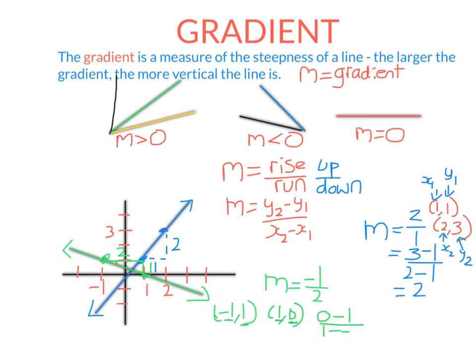So here we'd have to do minus -1. We would get the same answer of -1/2 either way. So the gradient of the green line is -1/2. You can see that that gradient is less than the gradient of the blue line because the blue line is steeper, or more vertical.